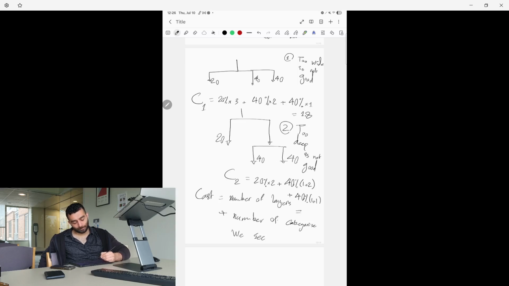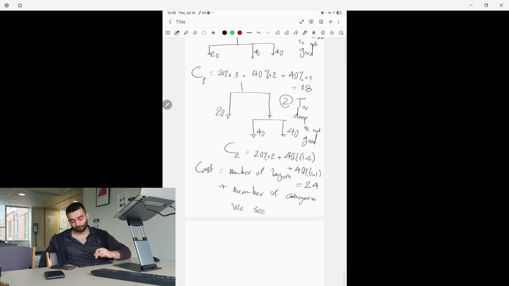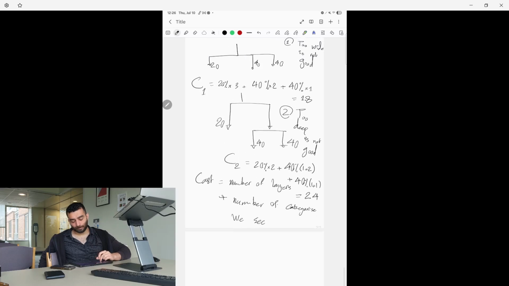So it will be 40, 120 will be 160, 160 and 80 will be 240, 2.4. So this cost is more. That's actually a good cost function. I like it. That's actually very good.